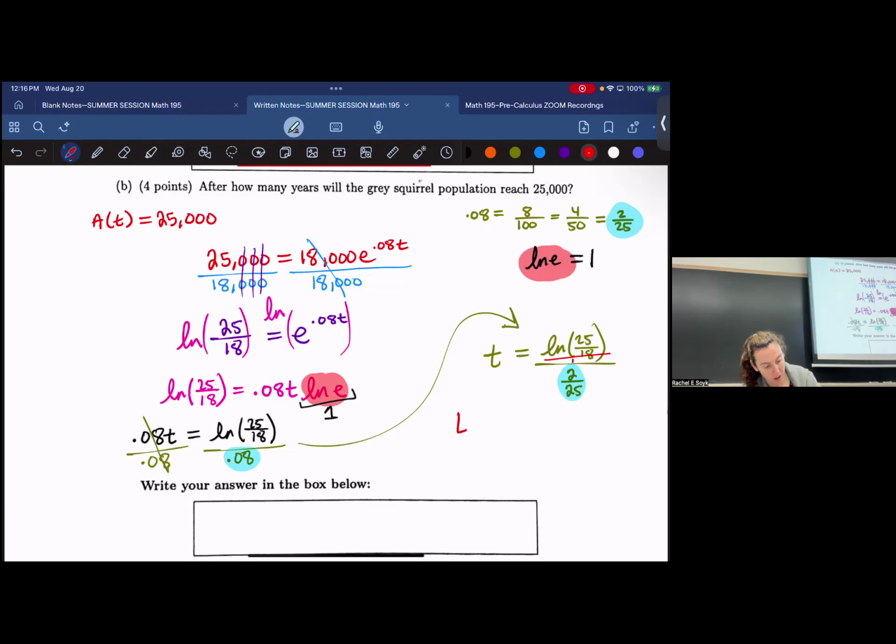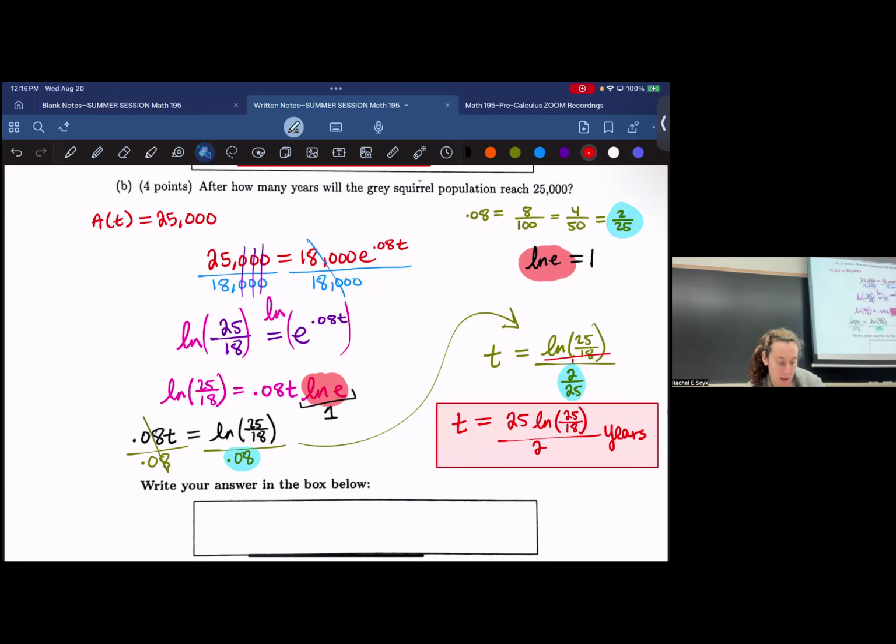And so when we keep change flip, that 25 jumps to the numerator, and we're looking at 25 ln of 25 divided by 18, all over 2. Don't forget your units. Years. That's it. No calculation needed.